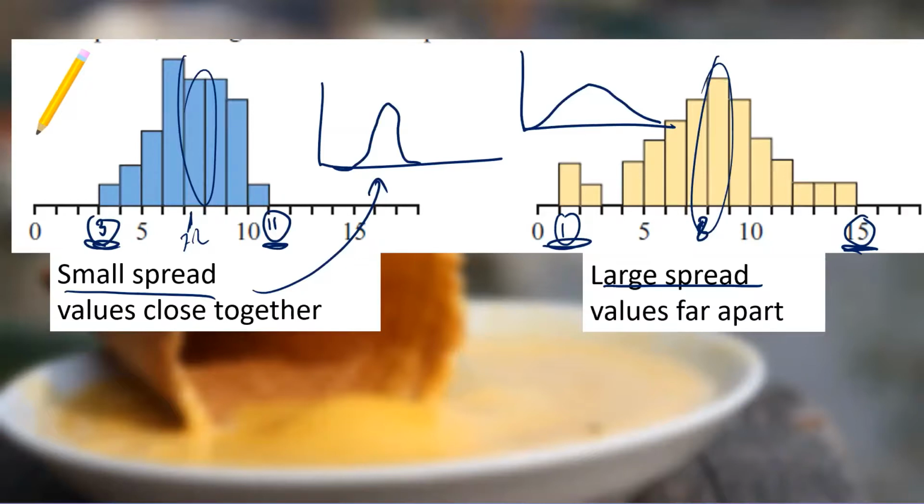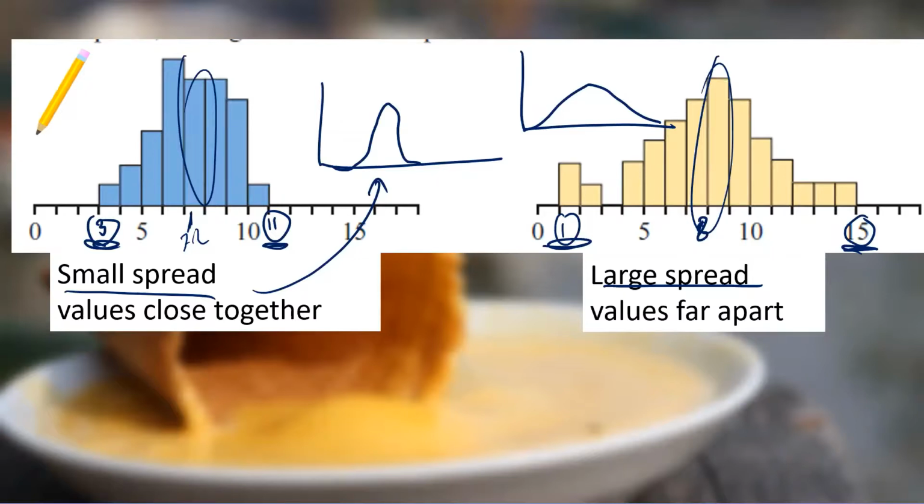One very, very last thing to talk about with regards to spread is that you can only really do this when you compare two different sets together. It's hard to talk about whether one is more spread out than the other when you don't know it.